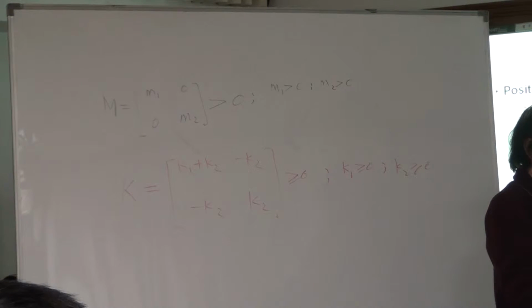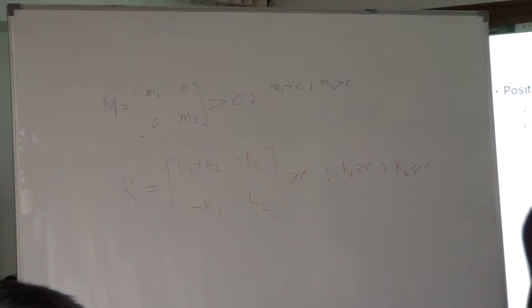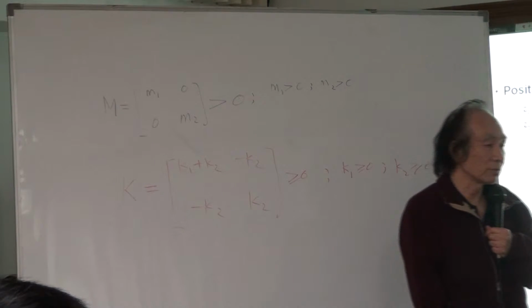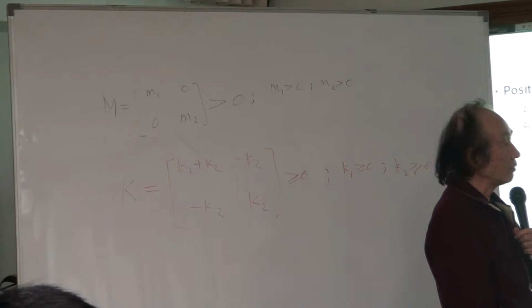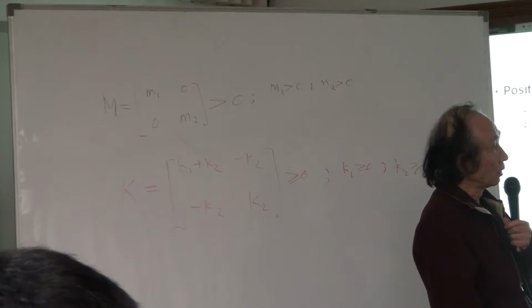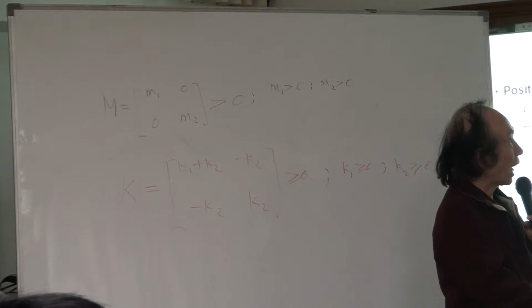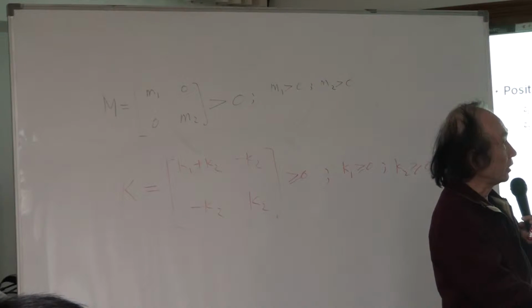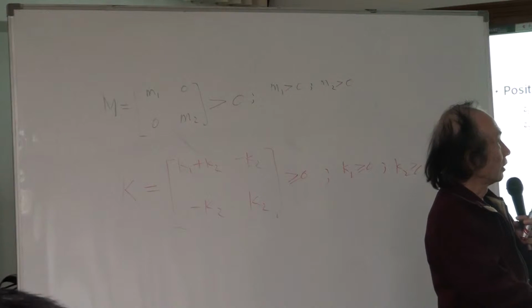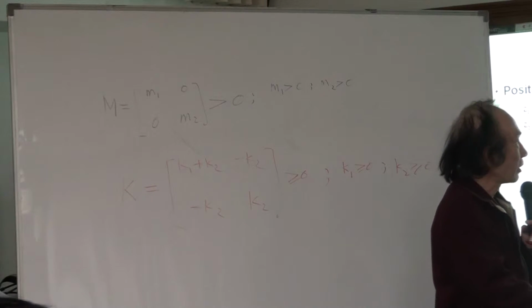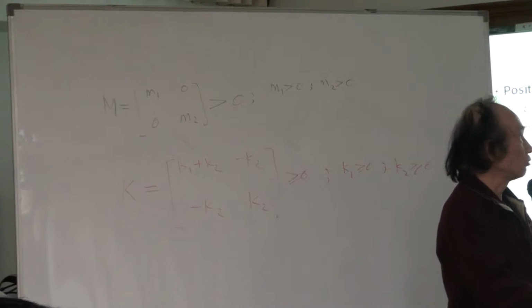All right, for this matrix, given any vector z1 and z2, this is an arbitrary vector, pre-multiply the mass matrix and also post-multiply by the z1, z2 transpose.